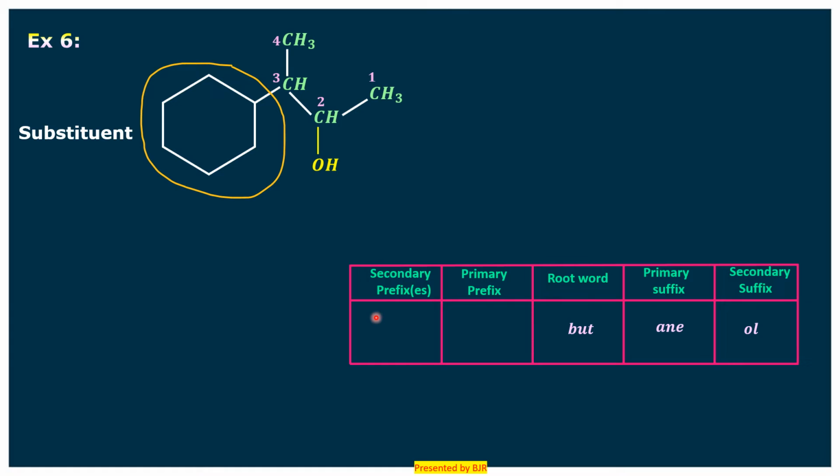Secondary prefix is cyclohexyl, and this cyclohexyl ring is attached to the third carbon atom in the parent chain. So 3-cyclohexyl butan-2-ol. Okay.